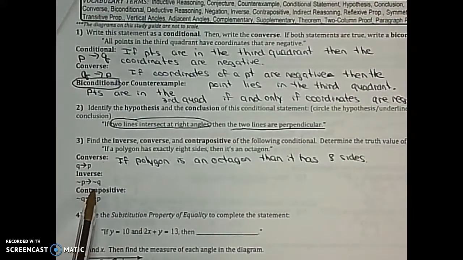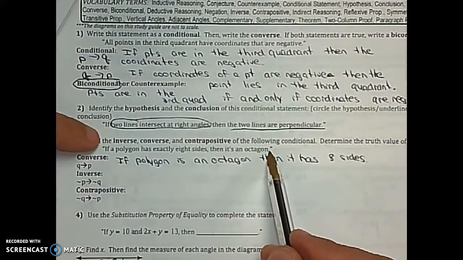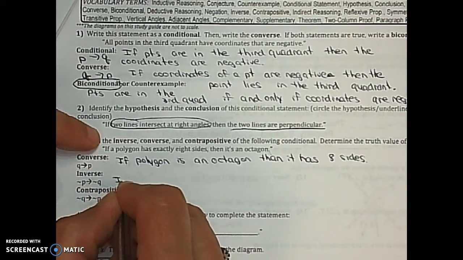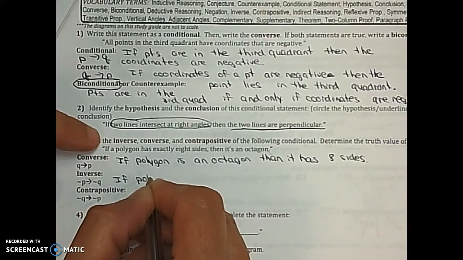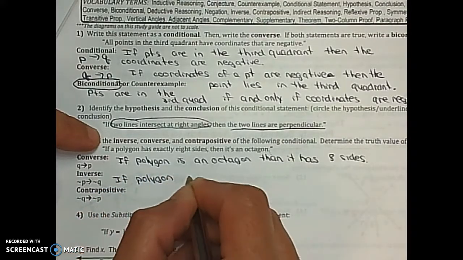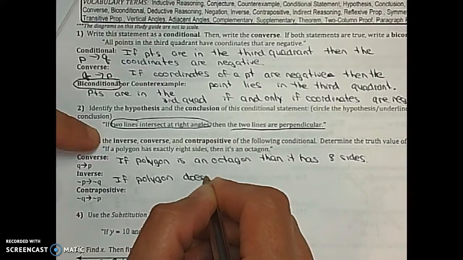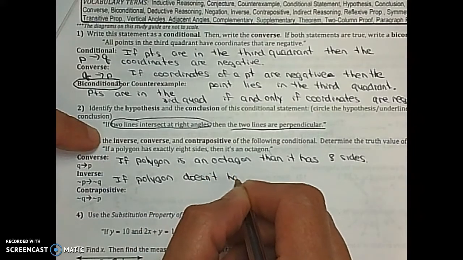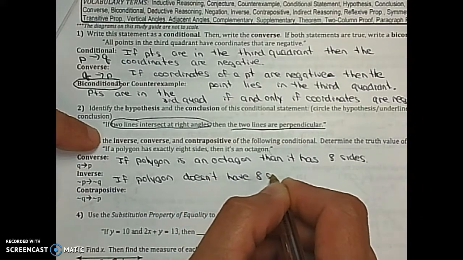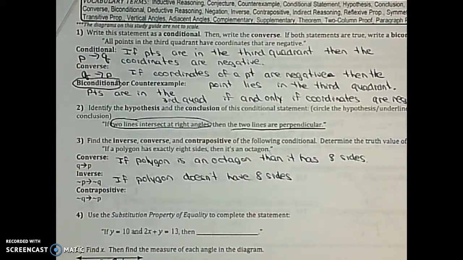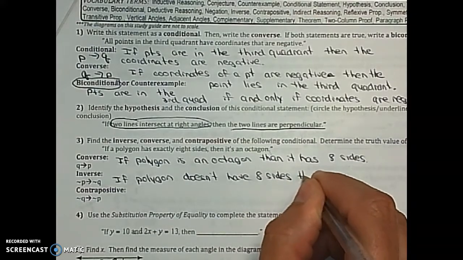Okay, the next one, we have to negate the original hypothesis and the conclusion. So if a polygon does not have 8 sides, then it is not an octagon.